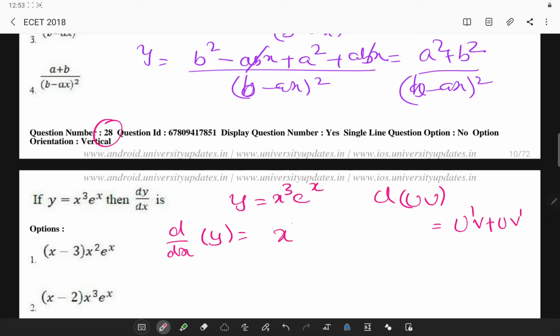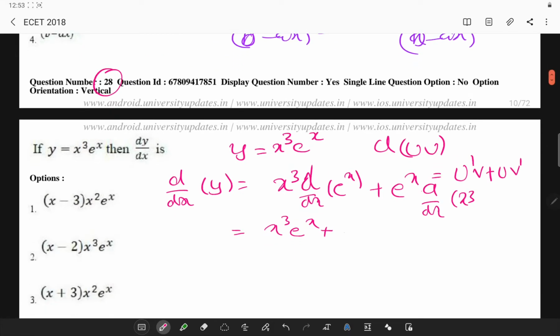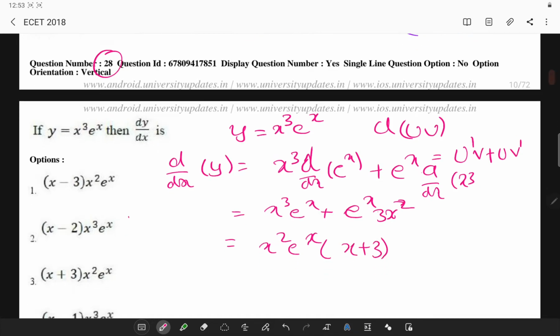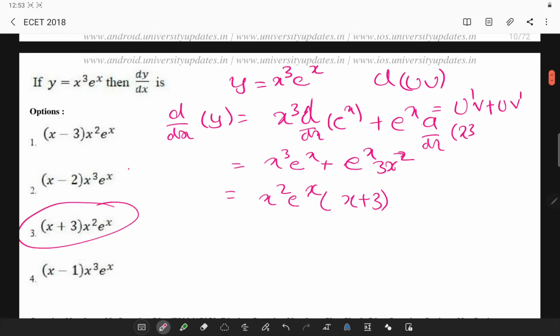So it is x cube into d by dx of e power x plus e power x into d by dx of x cube, which is nothing but x cube into e power x plus e power x into 3x square. If you take x square e power x common, it will be x plus 3. So this is the third option.